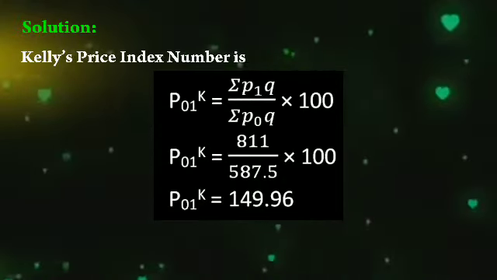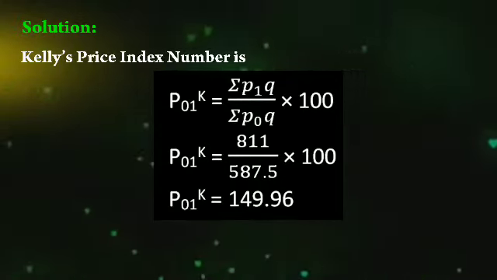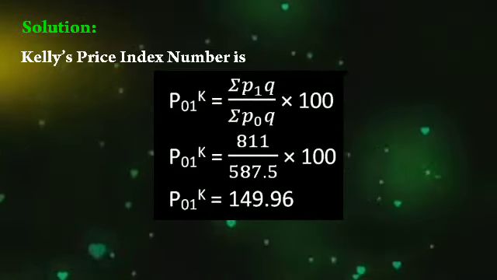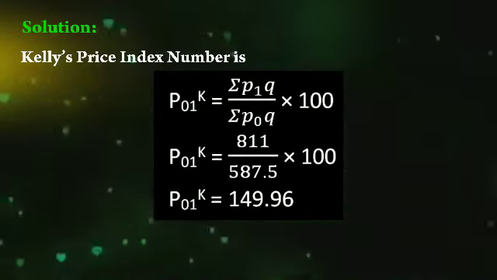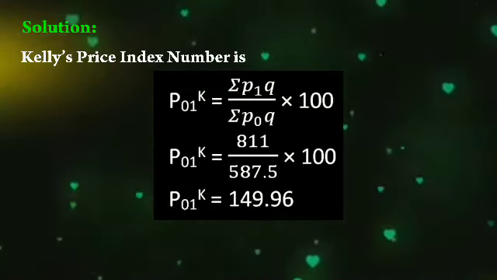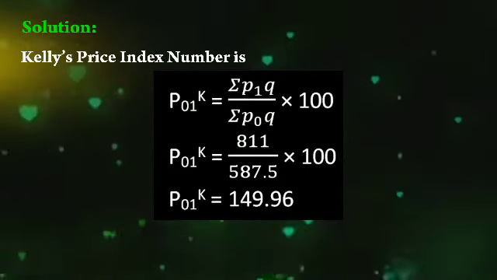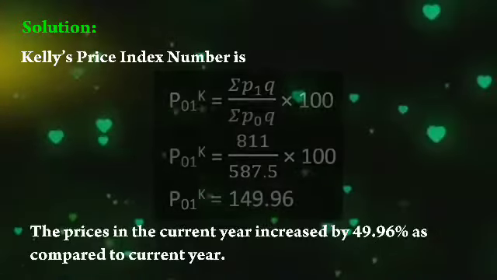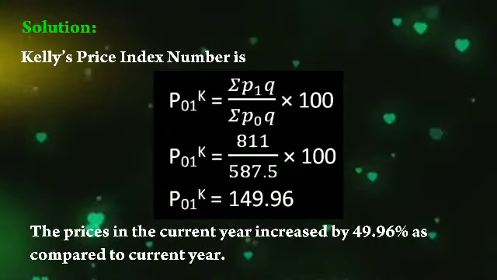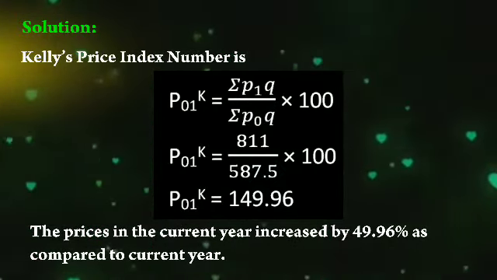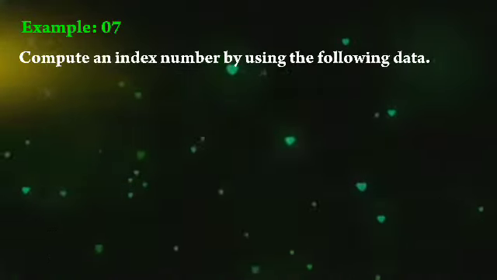That is equal to, numerator is 881 divided by 587.5, that is equal to 149.96. Therefore, Kelly's price index number is 149.96, and your conclusion is the prices in the current year increased by 49.96% as compared to base year.